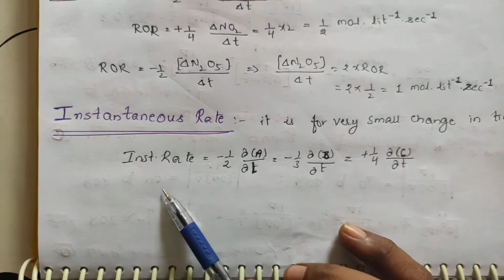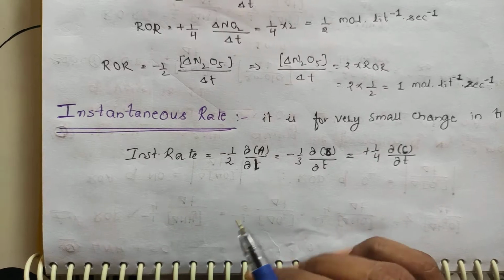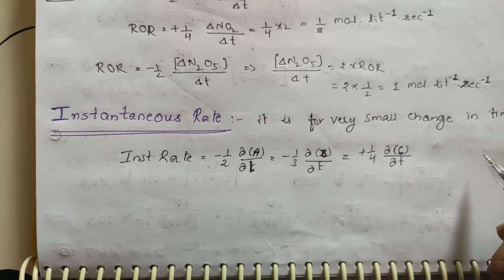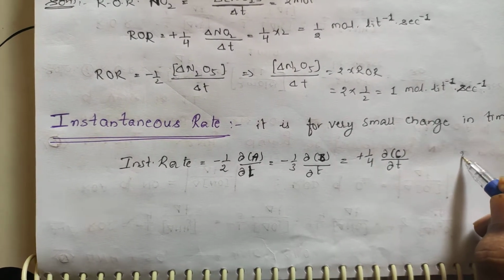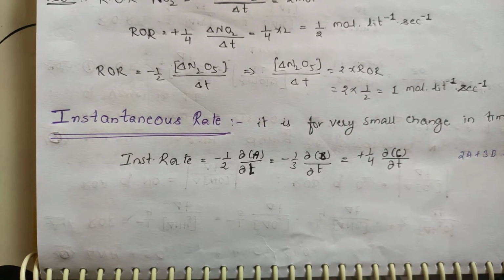So for the instantaneous rate, let me take the reaction 2A plus 3B gives rise to 4C.